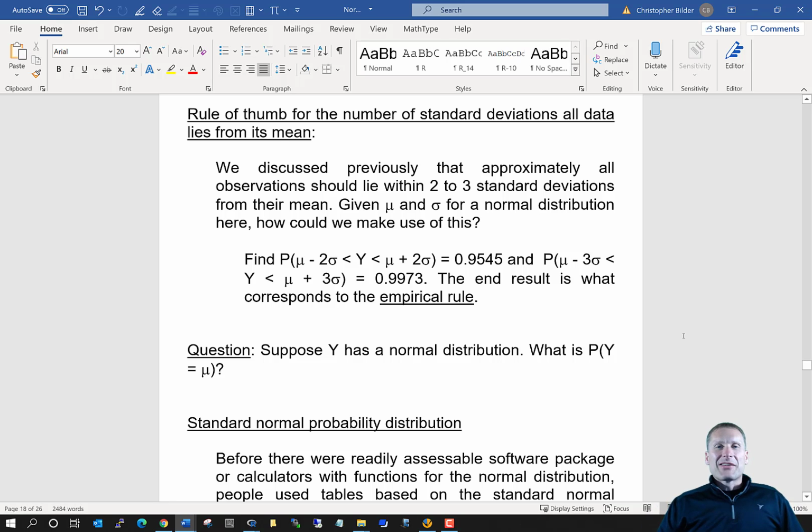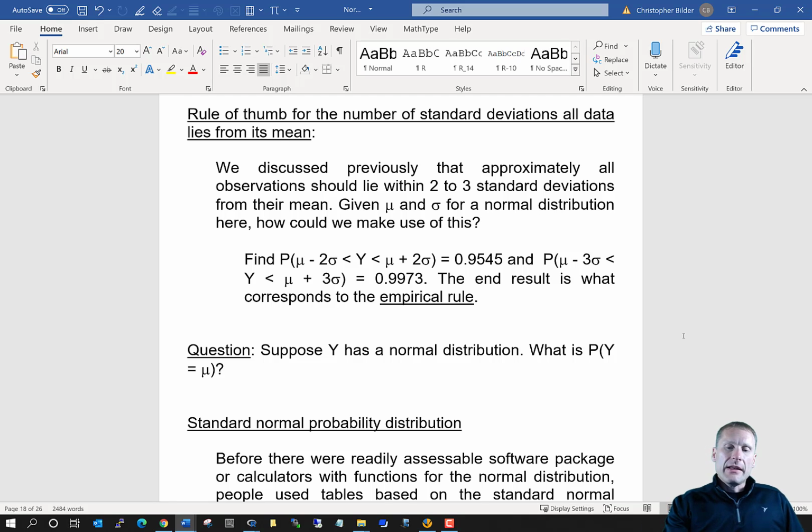Okay, let's go back to this rule of thumb for the number of standard deviations all data lies from its mean. When I first introduced this, I was talking about this being an ad hoc interpretation of Chebyshev's theorem or Chebyshev's rule or the empirical rule. Now we're going to talk about the empirical rule part of it.